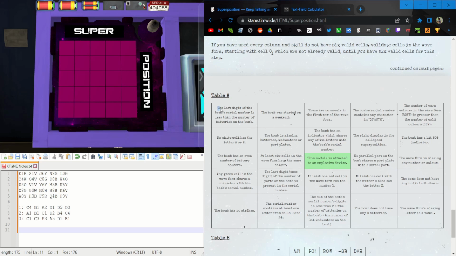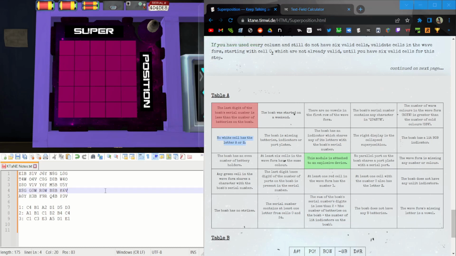First condition: the last digit of the bomb serial number is less than the number of batteries in the bomb. Our last digit is 8, and we have 4 batteries. This is not true, so I'm going to mark it in red for not true, and I'll mark it in green if it is true. No white cell has the letter Alpha or Zulu. I'll find this through Notepad's search function.